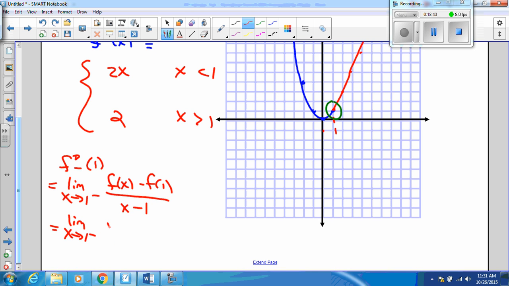That's this guy. So we would have x squared minus 1 over x minus 1. Did everybody have that? And now that limit should be fairly easy. Go ahead and evaluate it. Go.